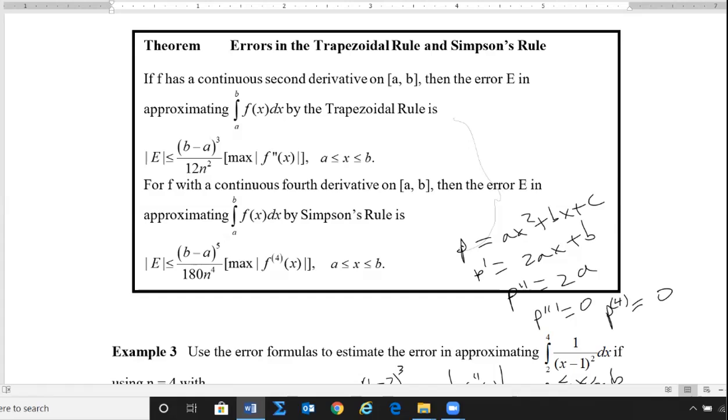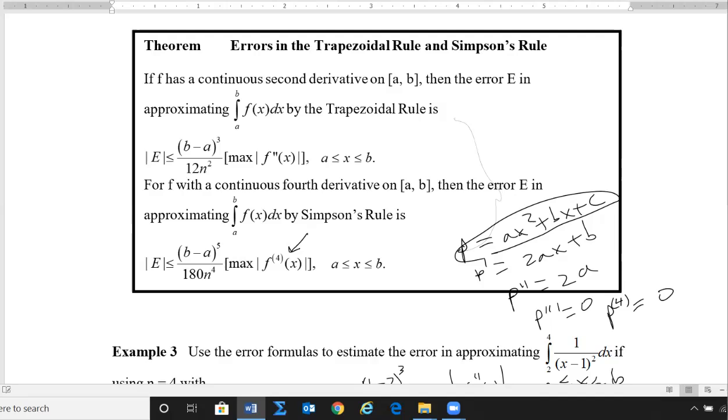So you see, when you have a quadratic with Simpson's rule, your error is automatically going to be 0. This bound will be a 0. So you'll have an exact answer. And you can see that'll work with a 3rd degree polynomial also, because your 4th derivative will also be 0 at that point.